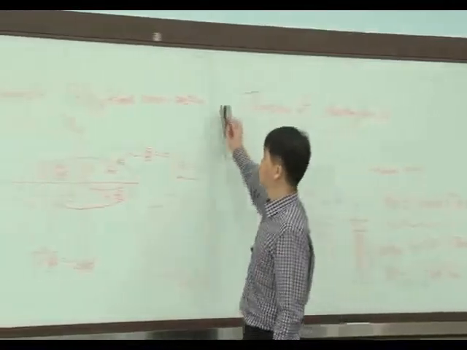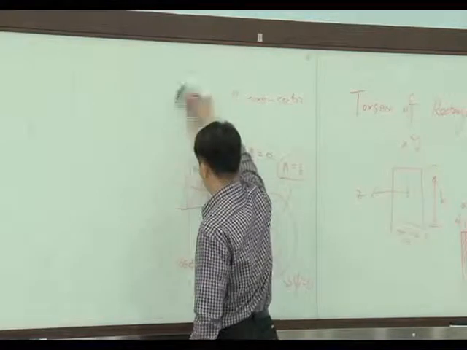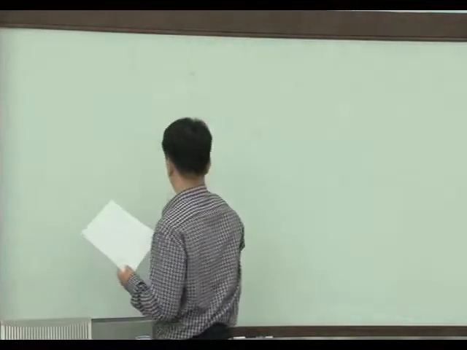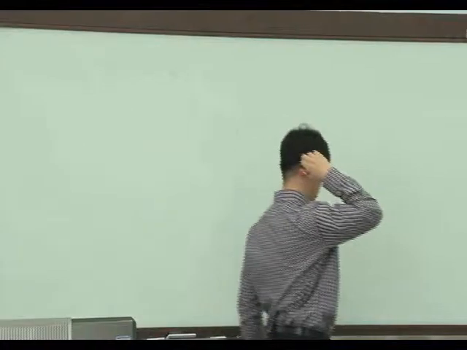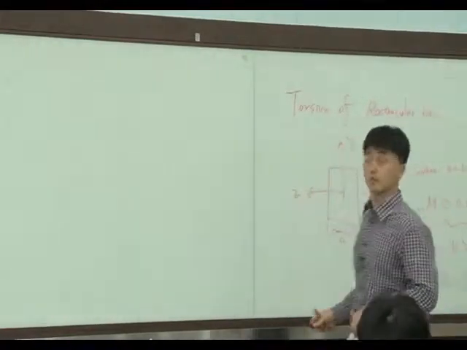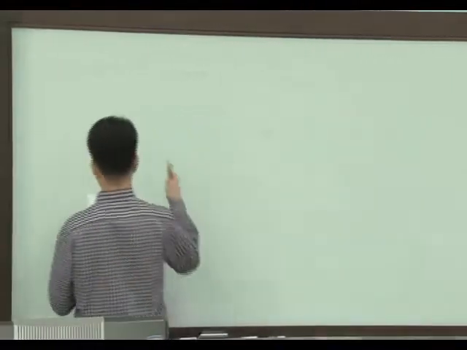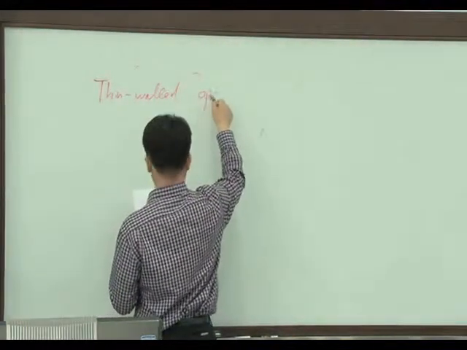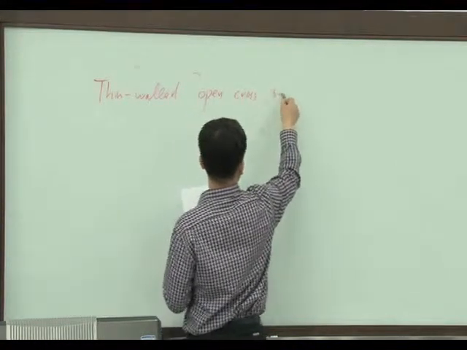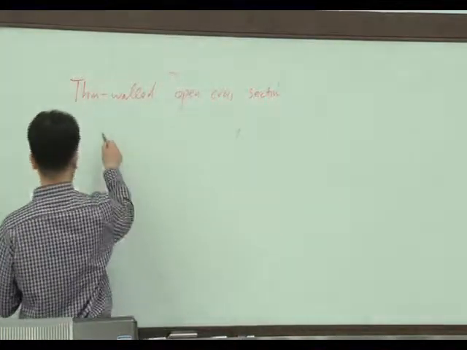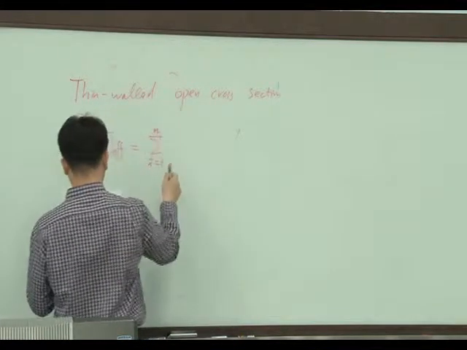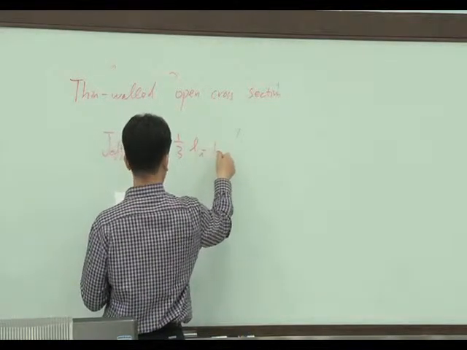The basic equation for the solution of a thin-walled open cross section is J effective equals the sum from i equals 1 to N of 1/3 L_i T_i cubed.